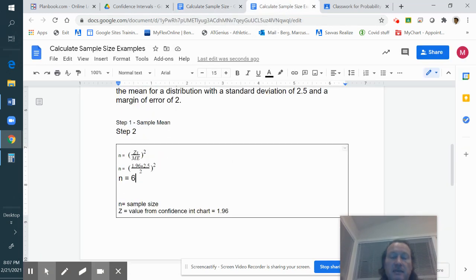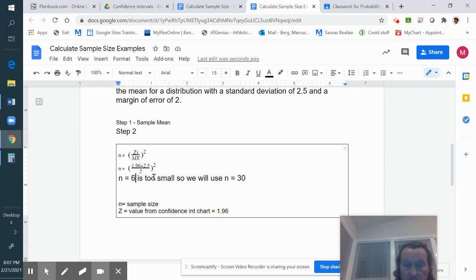So if you ever get anything less than 30, then I would just make it equal to 30, and then you should be okay. I would say n equals 6 is too small. But this is how you would get it.